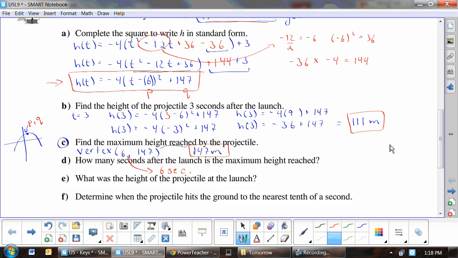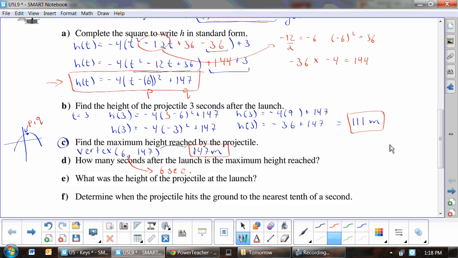Okay. So then they ask what the height of the projectile is at the launch. So what time do we put in for that? Can someone put up their hand and let me know? Yes, Andrew? At the time of the launch? Yeah.